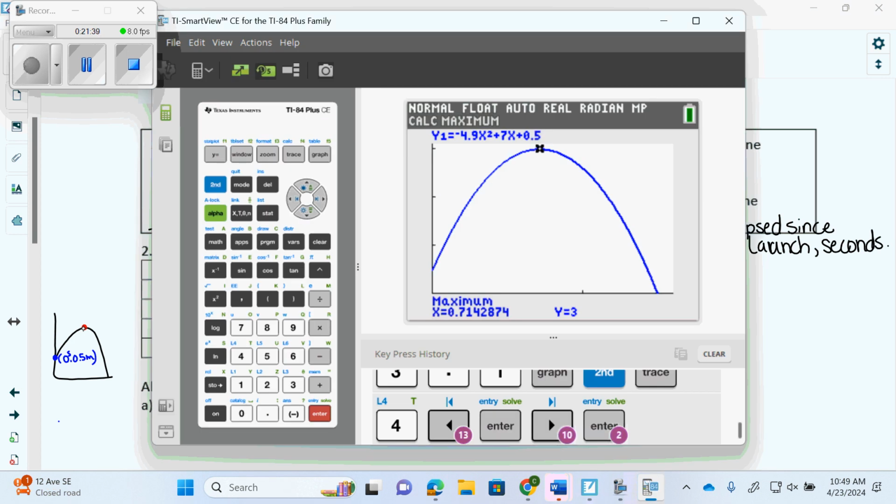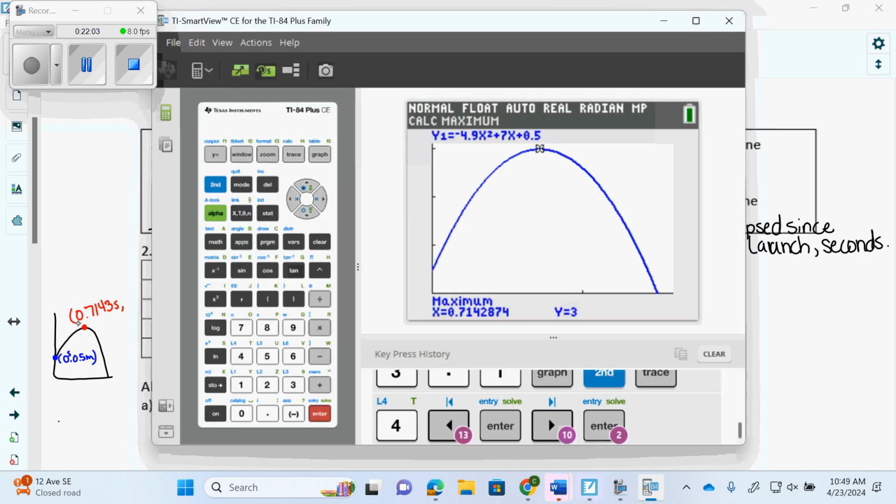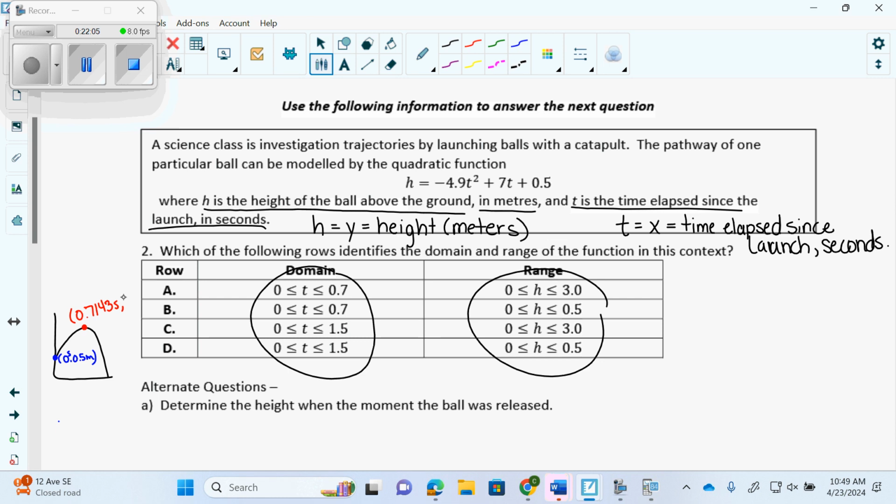I said 4 decimal places, and they're not going to ask for anything higher than that. So 0.7143 seconds, comma, 3 meters. I'm just putting down important data off of here.